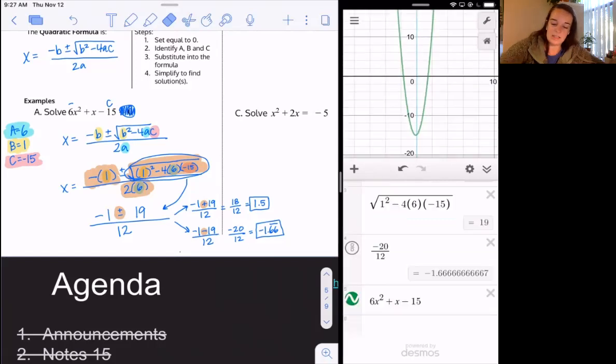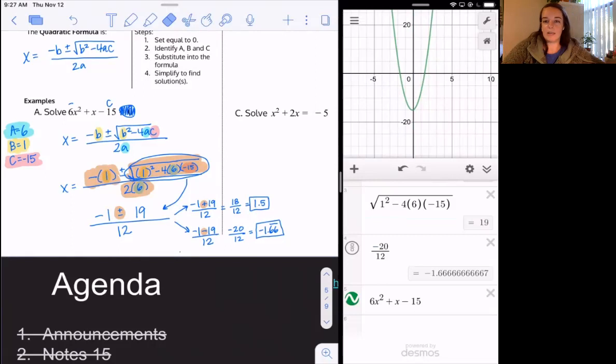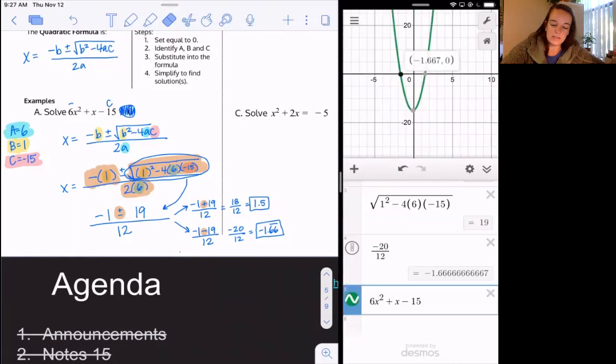And I can see this parabola shape, just like we were working at the very beginning. And I'm going to click on the two solutions where it crosses the x-axis. Oh, check it out, negative 1.667, which is what we got there. And I'll click on this one, which is 1.5. Yay, we got our two answers, right? So remember, every time we're working with the square, what we're really doing is finding the two solutions along the x-axis.